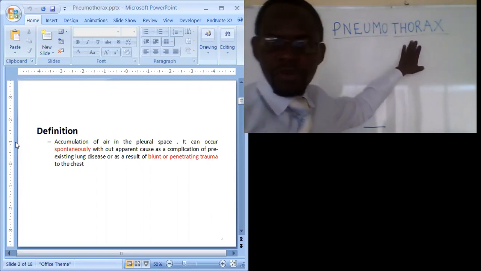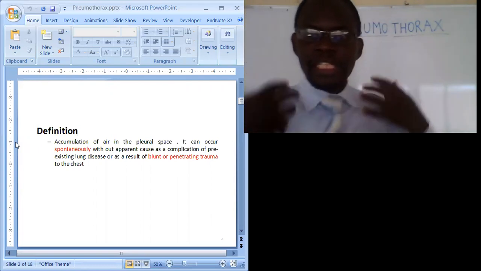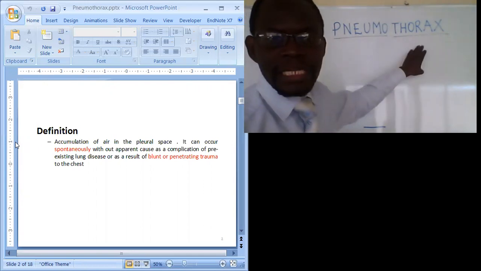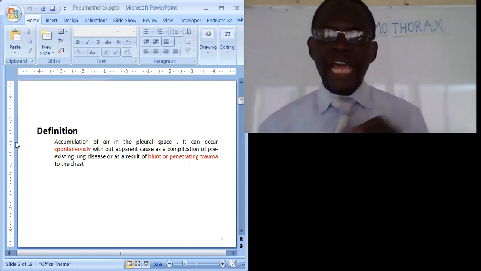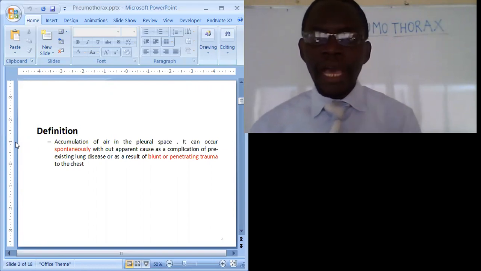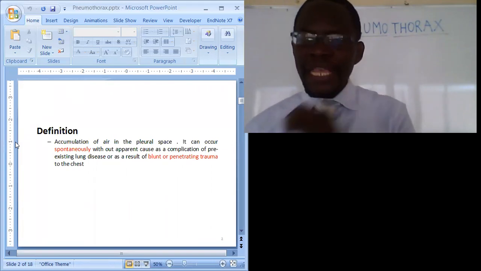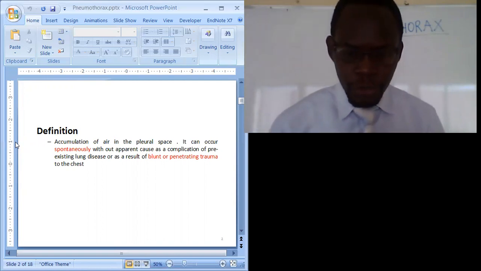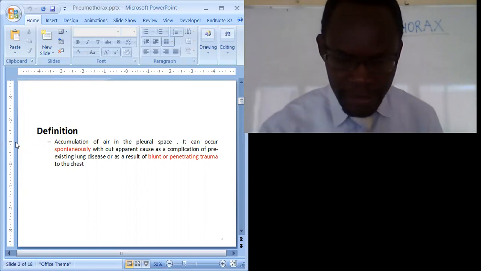Then the thorax, of course, is the chest. So the word pneumothorax basically means accumulation of air within the pleural space.